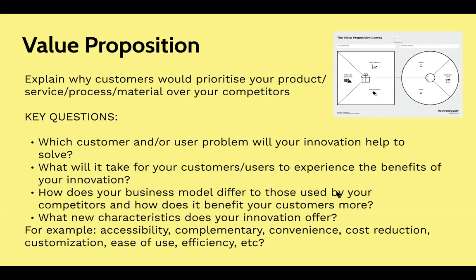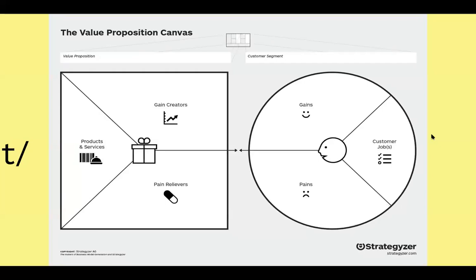And as well as the innovation project canvas, there's also the value proposition canvas, which is a really, really good framework for doing this. And it's valuable in two ways. The first way is if you're looking at it in terms of new product development. So if you're starting off on the right-hand side with the customer jobs, you're understanding what the customer is trying to do.